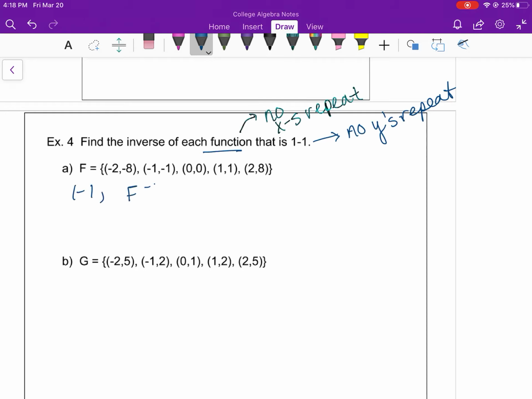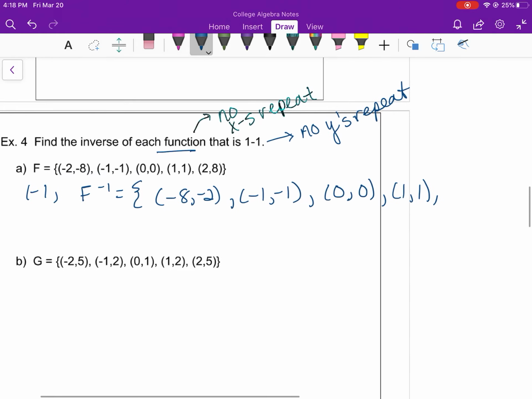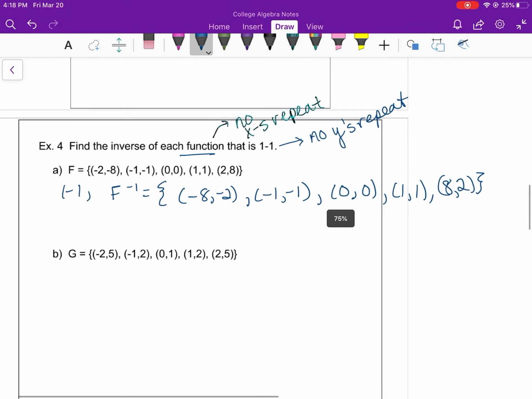So we're going to say f inverse is the set of ordered pairs, and I'm just going to flip them around. And we just saw that with our last graphing problem. All right, so there's our inverse function.